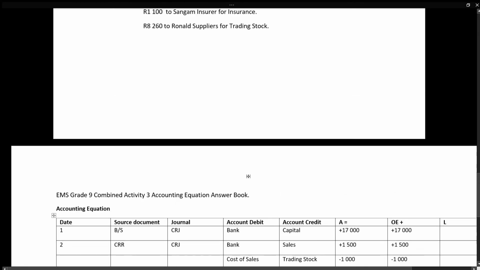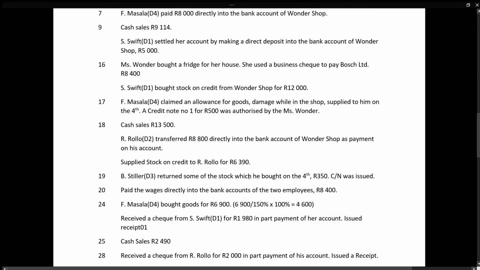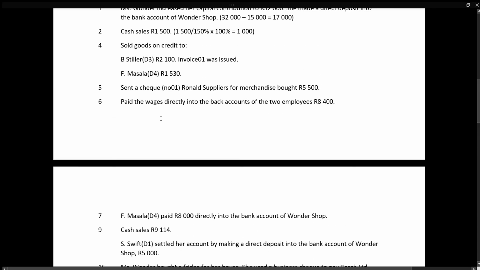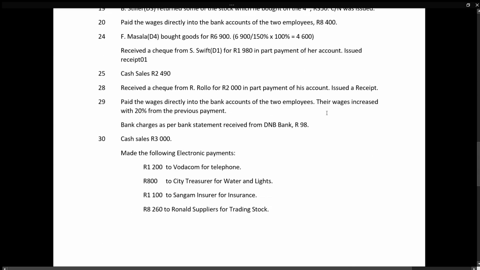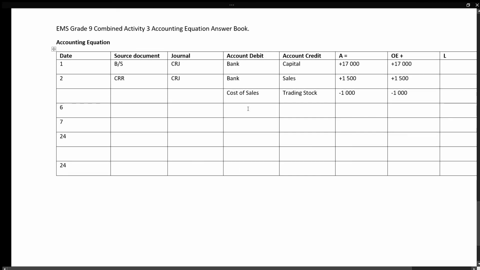Let's have a look at the transaction that took place on the 6th. Paid the wages directly into the bank account of 2 employees, 8,400 Rand. Paid directly means my source document must be bank statement. I am paying money, therefore my journal will be the cash payments journal, and my bank will decrease since I am paying money.